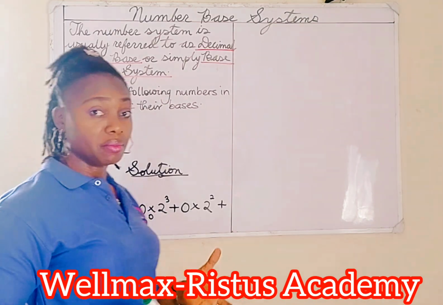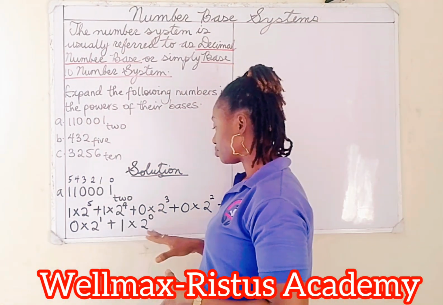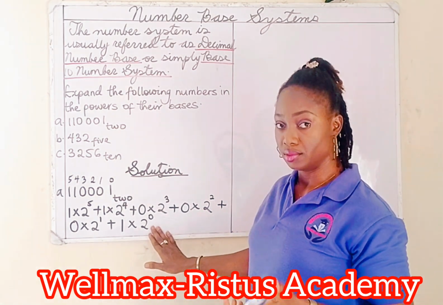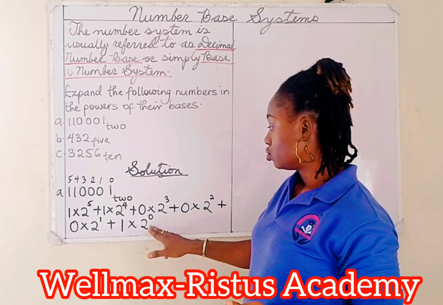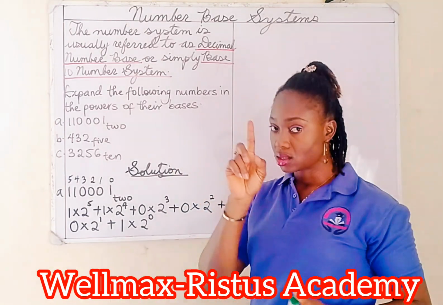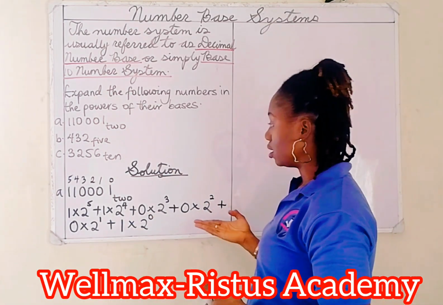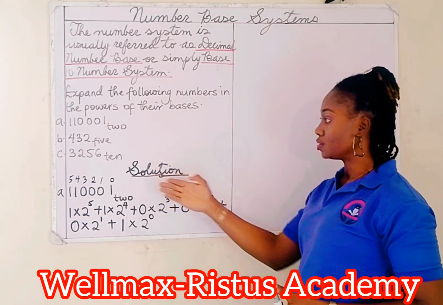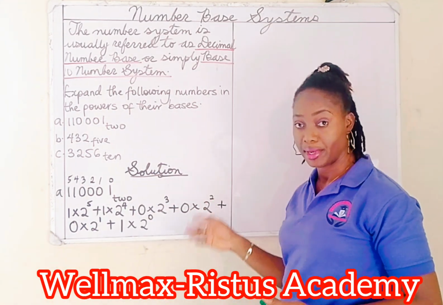Bear in mind that when you have a number raised to the power of 0, it simply means 1. So 2 to the power of 0 means 1. And this is how we expand our numbers using the powers of their bases.